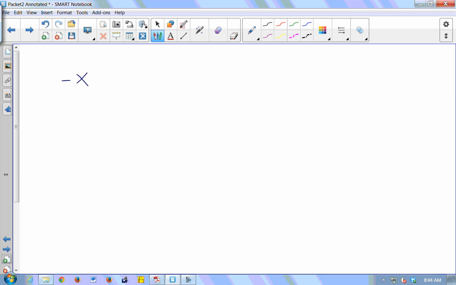So I have negative x over x minus 1. When you have a fraction that has a negative sign somewhere, you can put it in the numerator or the denominator or out front of the fraction. So I'm going to put it in the denominator. Oops, hang on.